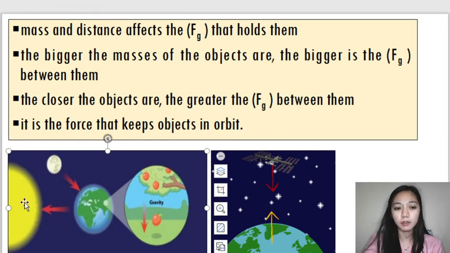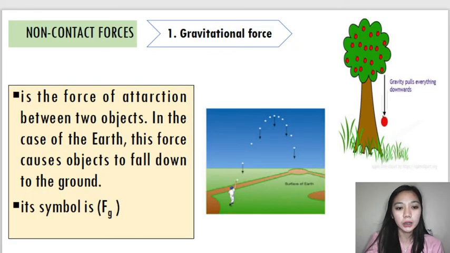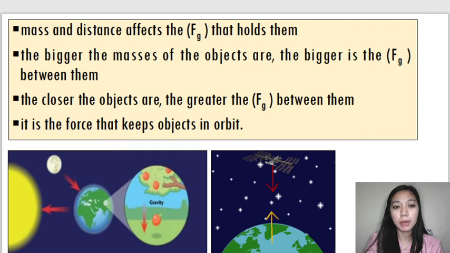Kaya naman nagre-revolve tayo sa sun. Ngayon naman, si moon and earth ay merong gravitational pull na nangyayari sa kanilang dalawa. Ngayon, yun naman sa earth, lahat ng objects sa earth ay attracted sa gravitational pull mismo ng ating mundo. Kaya naman nga all objects will fall down to the ground no matter what.